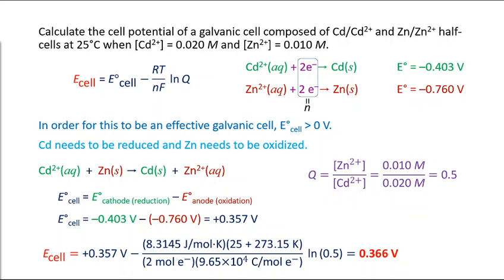As I mentioned, we have 2 moles of electrons being transported, and Faraday's constant is 9.65 times 10 to the 4th coulombs per mole of electrons. Last but not least, take the natural log of your Q, or natural log of 0.5, and I end up getting the cell potential as 0.366 volts. Hopefully this helps you all out, and good luck on the exam.